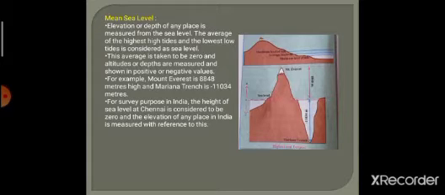For example, Mount Everest is a mountain on the land, 8,848 meters high, whereas Mariana Trench in the Pacific Ocean is in the water, so it is measured as minus 11,034 meters. For survey purposes in India, the height of sea level at Chennai is considered to be 0, and according to that, the height or altitude of any place in India is measured with this reference.